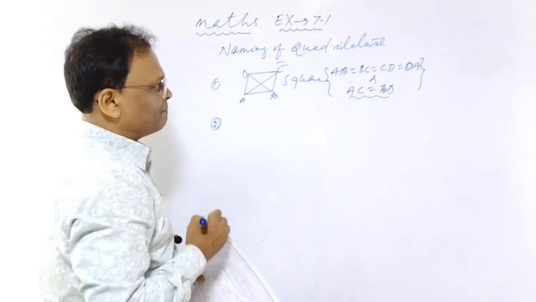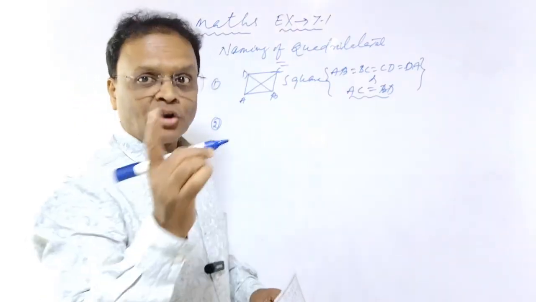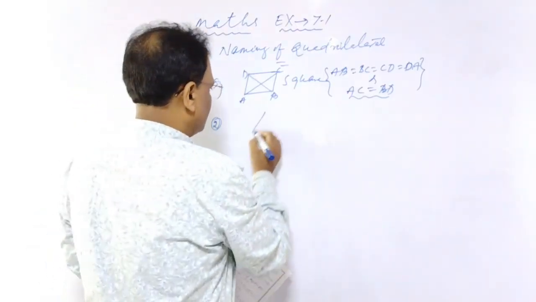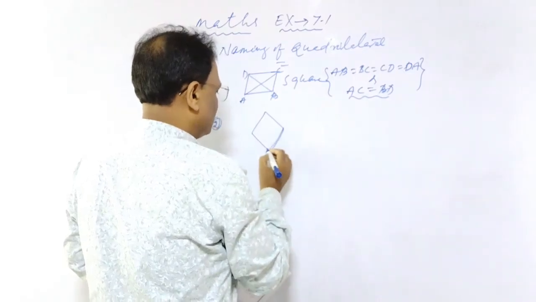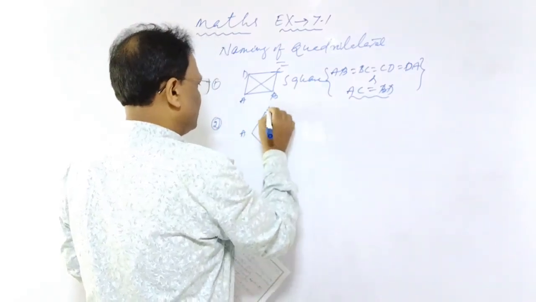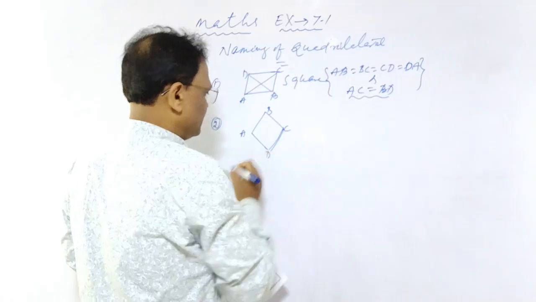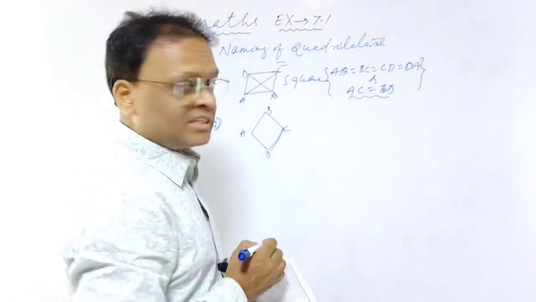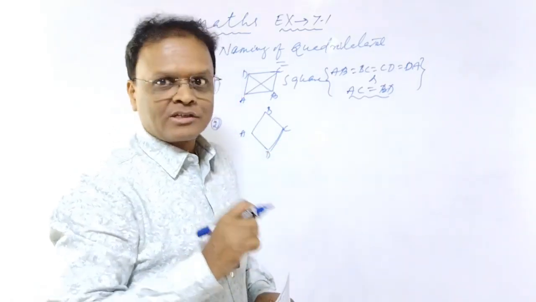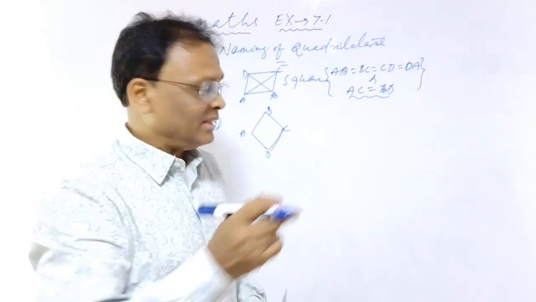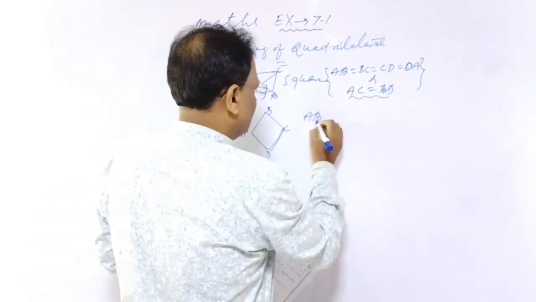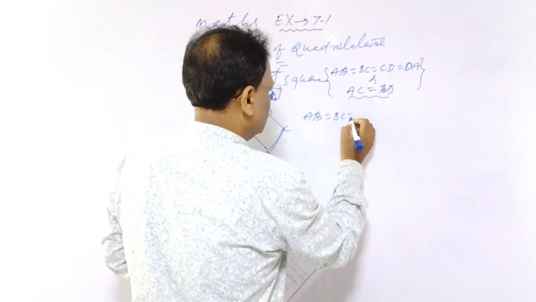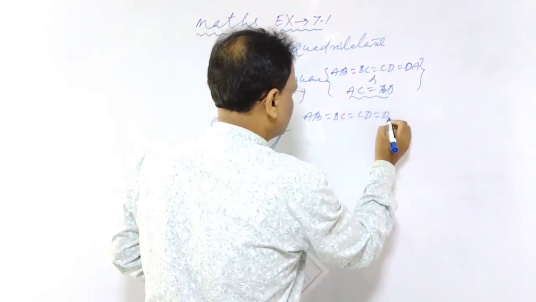Second one, for rhombus. So what is the basic difference between square and rhombus? If A, B, C and D. The common feature for both the rhombus and the square is that all the four sides are equal. That means in this case also AB is equal to BC is equal to CD is equal to DA.